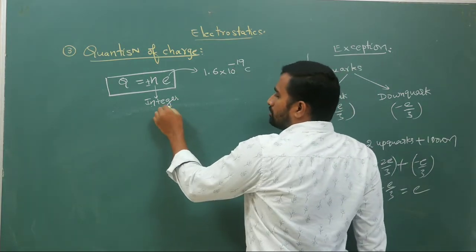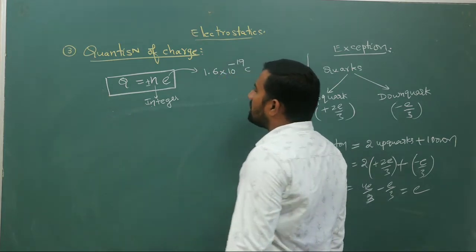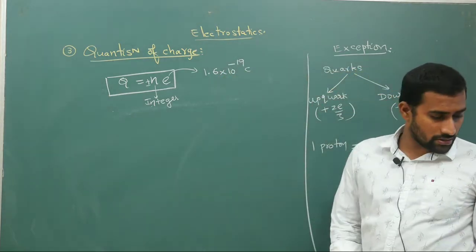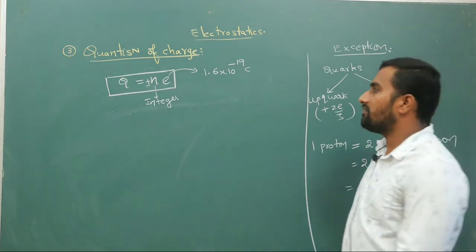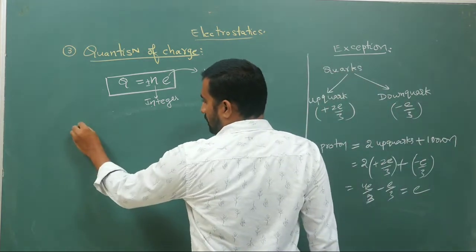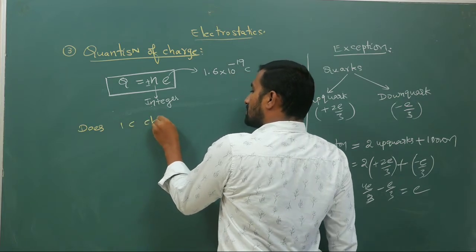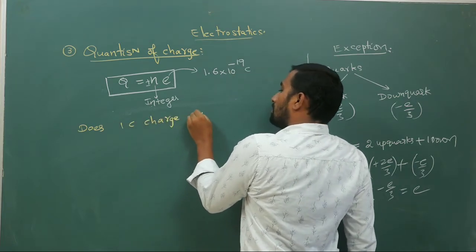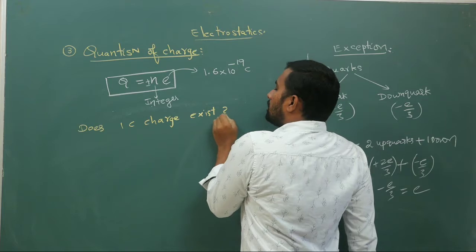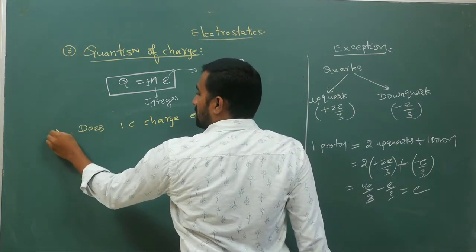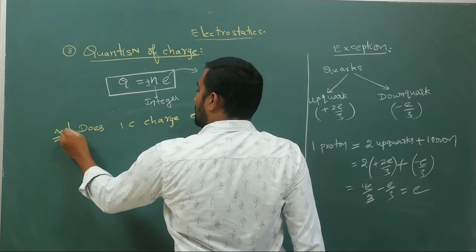Now based on this, if you are trying to do a problem, for example, if you ask me whether 1 coulomb charge exists, how will you identify whether this 1 coulomb charge will exist or not?